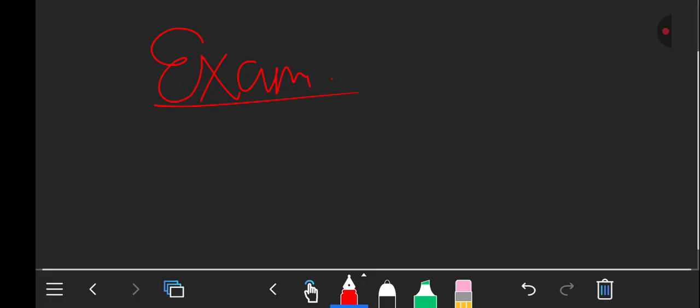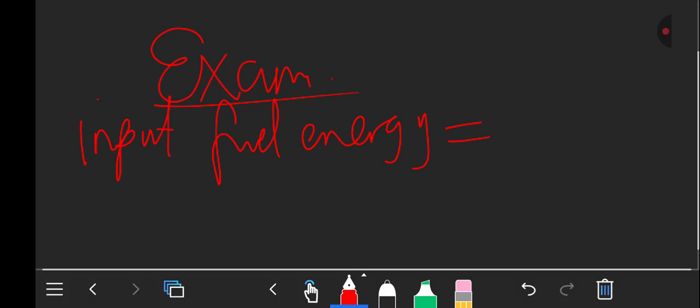For example, let's say a machine, an internal combustion engine, has an input fuel energy of, let me use maybe 5,000 kilojoules.